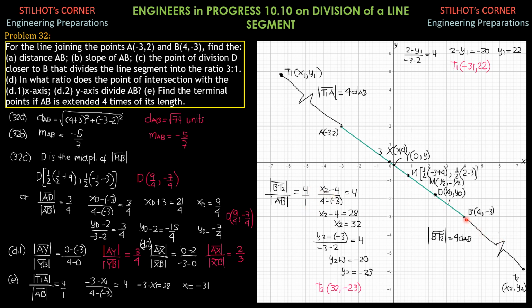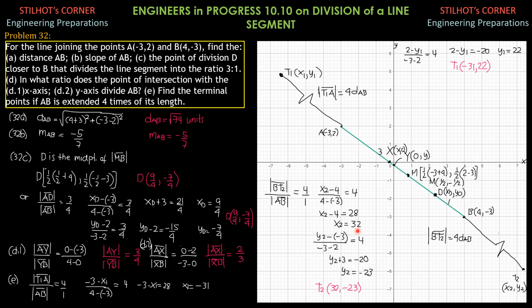So x2 minus 4, the x projection of BT2, as to the x projection of AB, which is 4 minus -3, equals 4. So x2 minus 4 over 4 minus -3 equals 4. Cross multiply, x2 minus 4 equals 4 times 7, 28. So x sub 2 is 4 plus 28, so x sub 2 is 32.